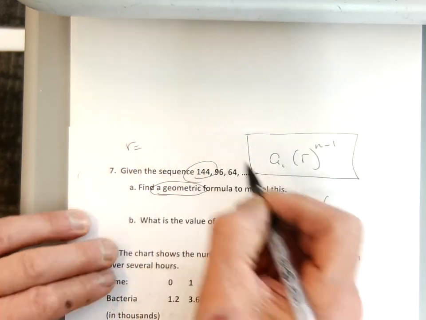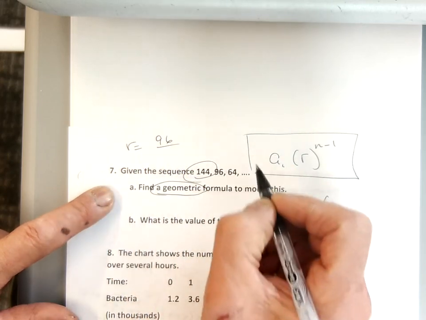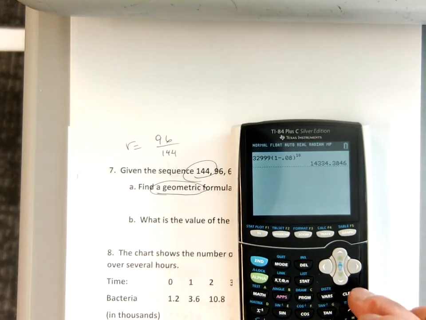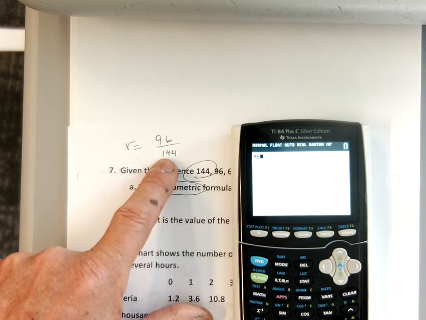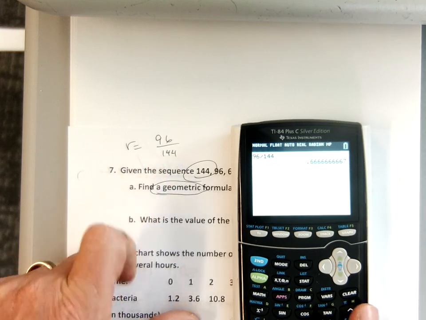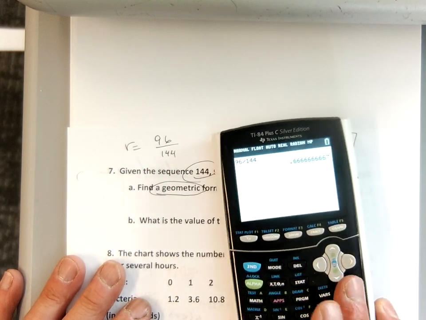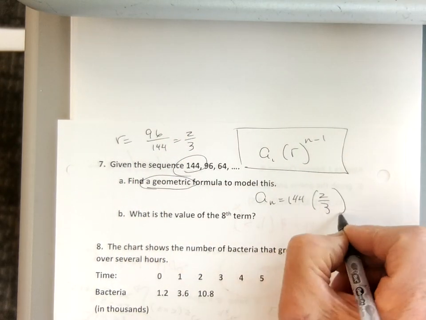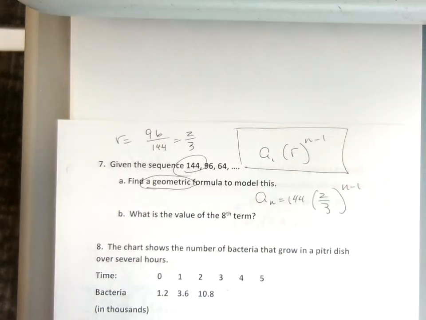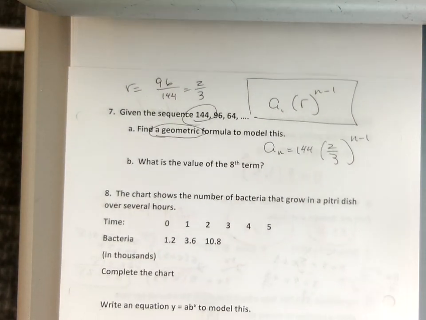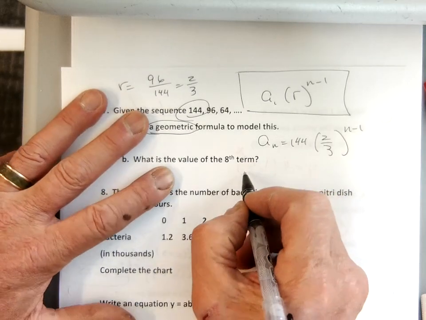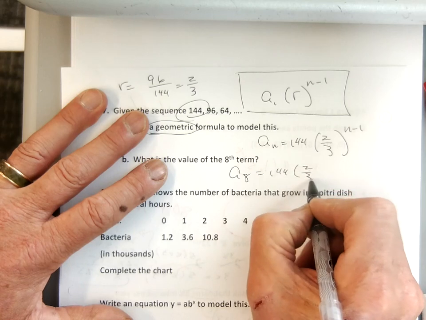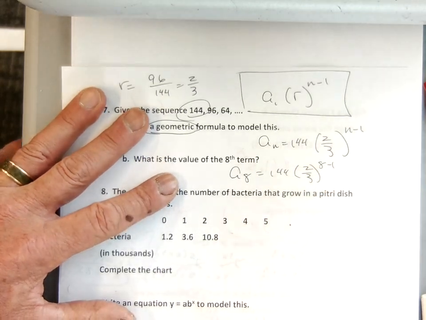We took the second number divided by the first number, always. So same thing, 96 divided by 144. That's 2/3, 0.6666, so that's my 2/3 to the n minus 1 power. Okay, so there's my formula. And then if I want the 8th term, I'll just plug in 8. A of 8 equals 144 times 2/3 to the 8 minus 1 power, right?